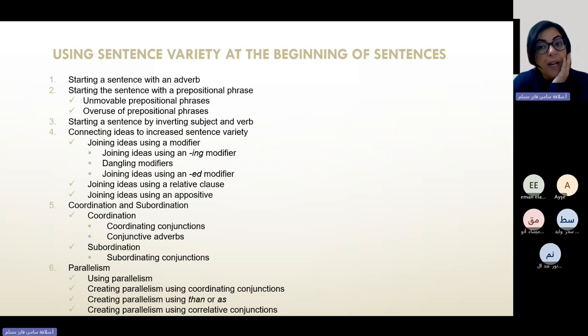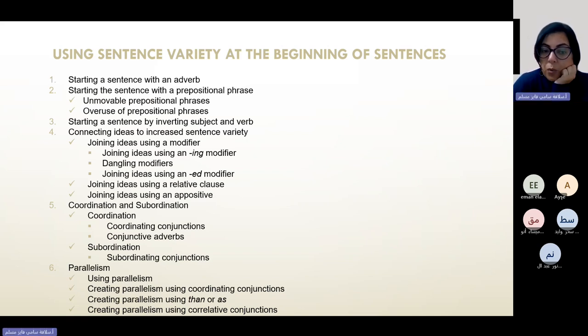We can use also parallelism. Do you know what parallelism is? When two sentences or two parts of the sentence have the same form. I am going to school and playing basketball. -ing. It's not "I am going to school and I play basketball." Okay? Parallelism. It should be the same.